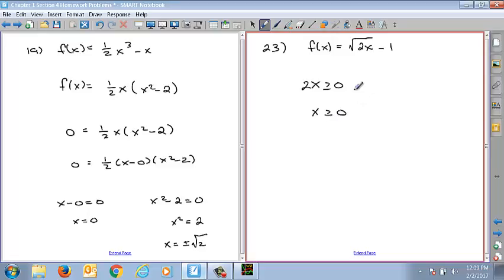So our zeros are only going to be at values of x greater than 0. So we do the same thing. We say, okay, 0 is the value of the function, which is equal to the square root of 2x minus 1. We'll move them to the left-hand side. Let's add 1 to both sides.